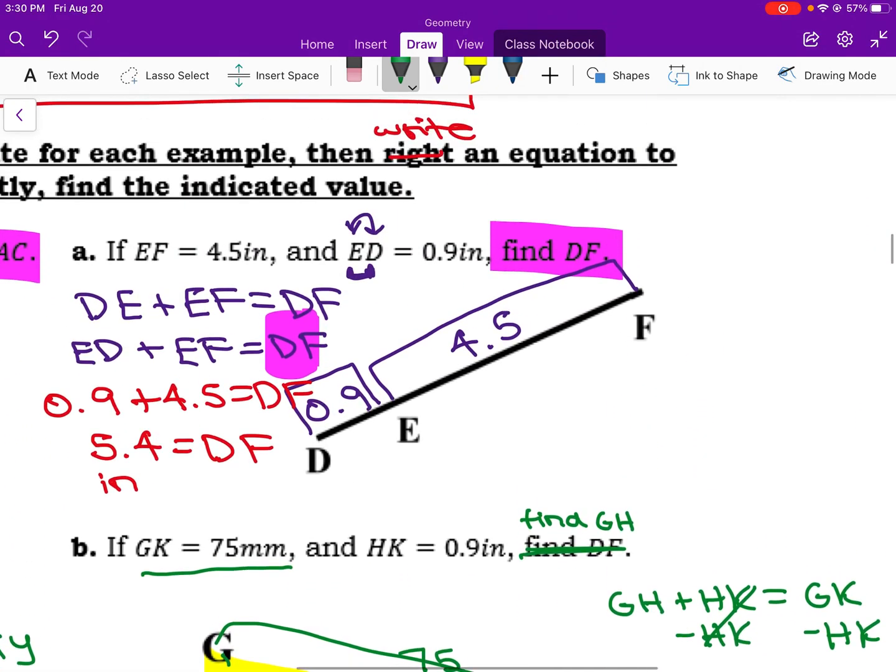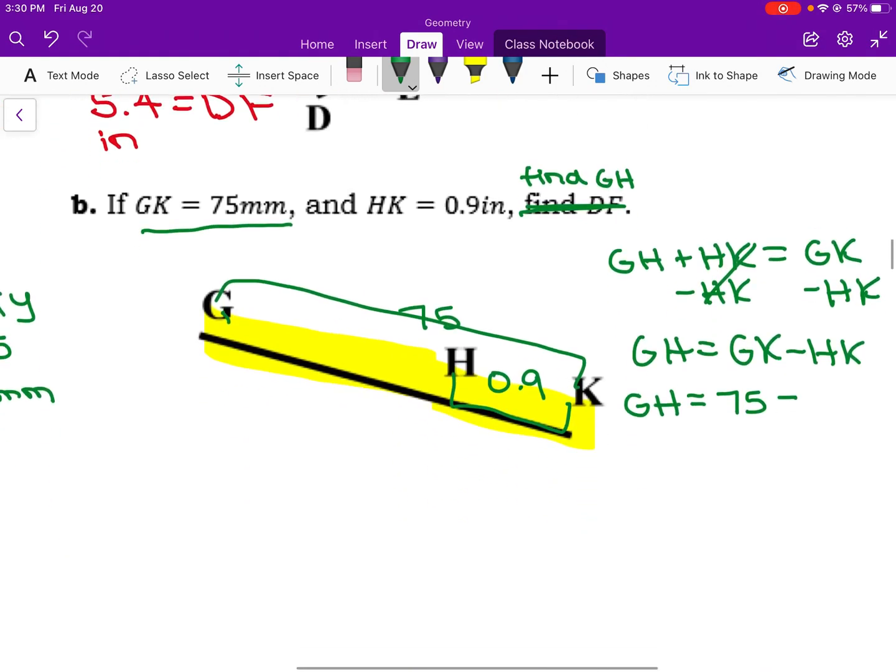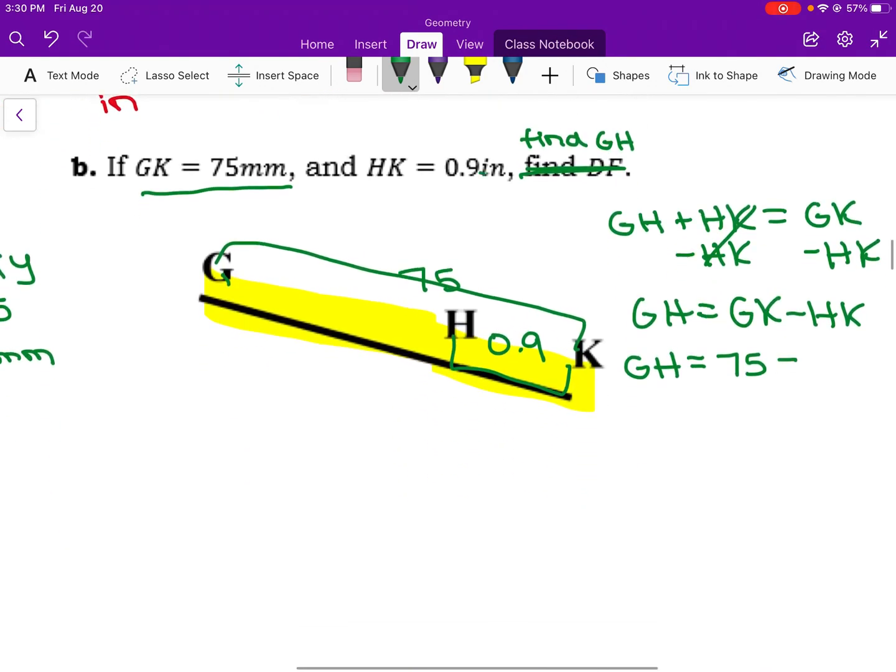I don't think we meant to have that happening. Let's change this to millimeters. So we're just going to go ahead and subtract 0.9. If I subtract the two, I find that GH equals 74.1 millimeters.